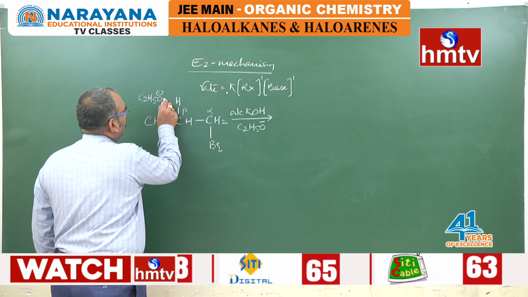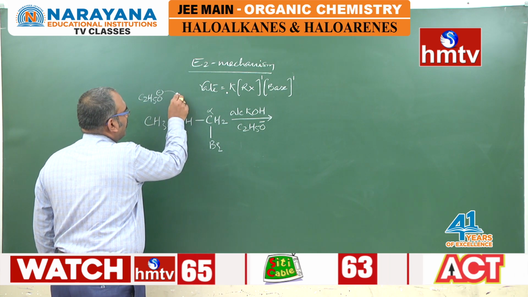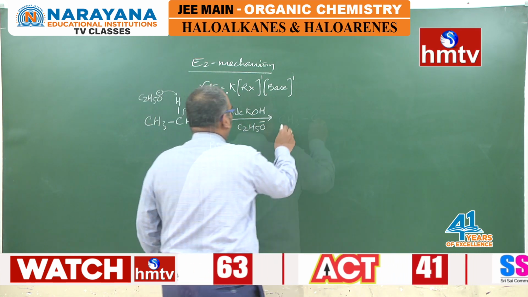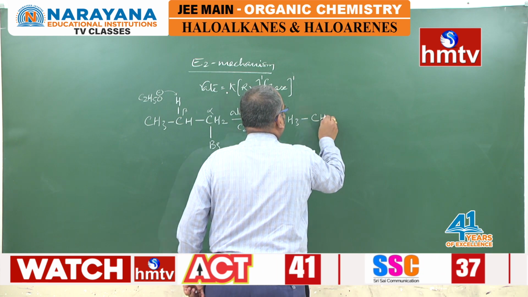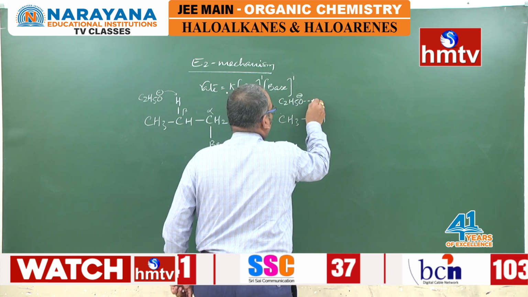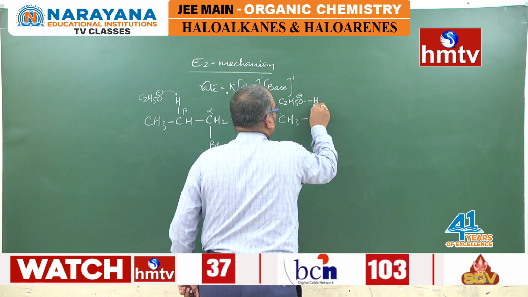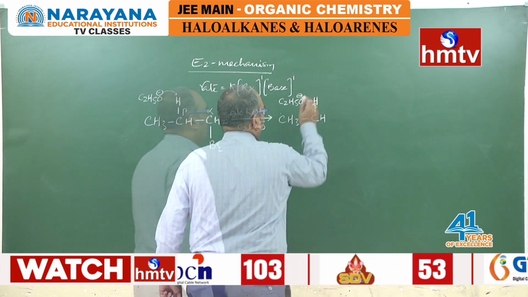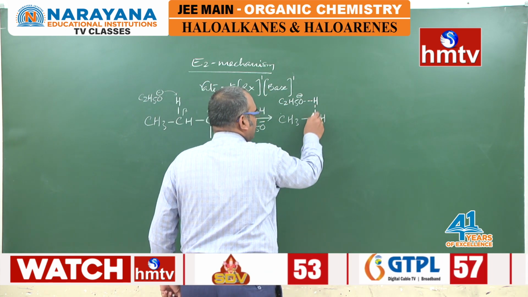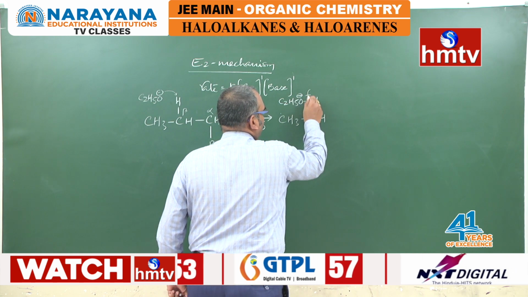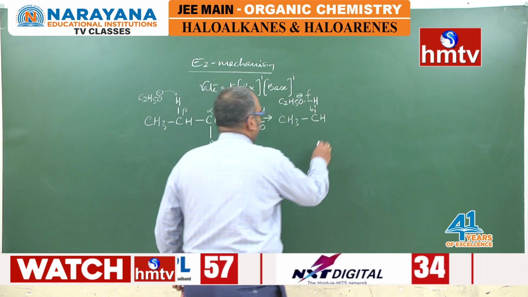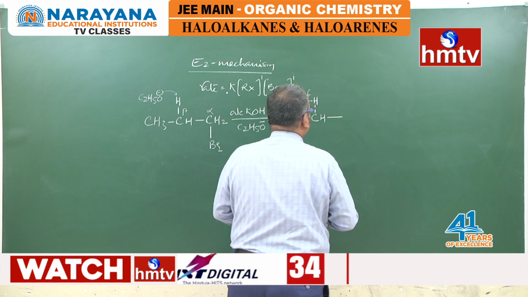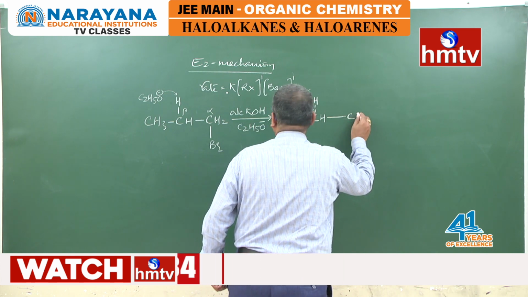When consuming the proton, it forms a transition state where C2H5O minus is slowly forming a bond with hydrogen. Then the CH bond is weakening. This is forming a bond, this is a breaking bond. This is the sigma bond already existing between the carbons.